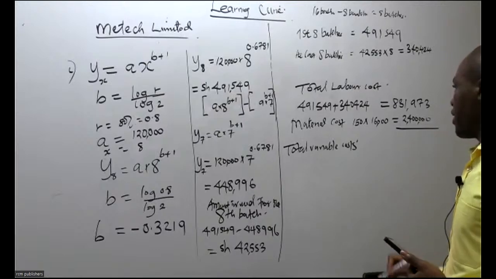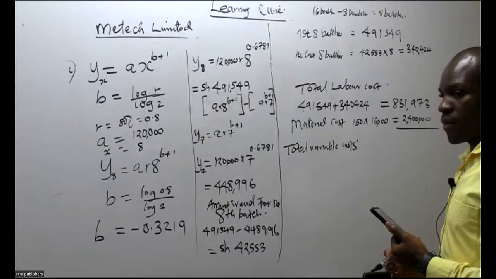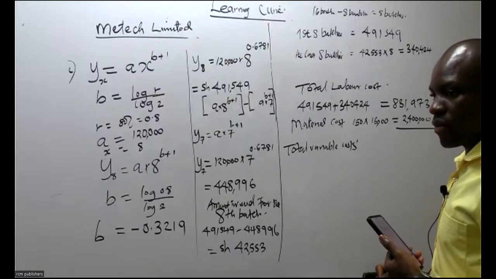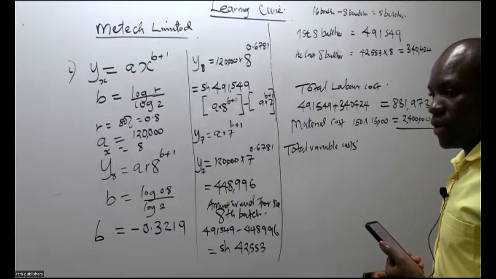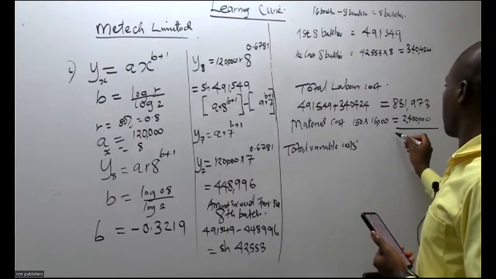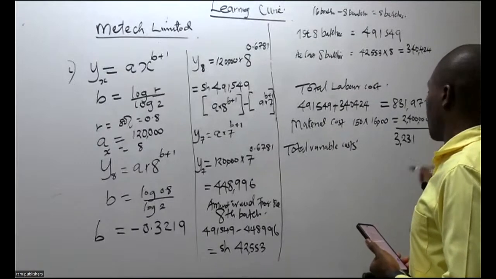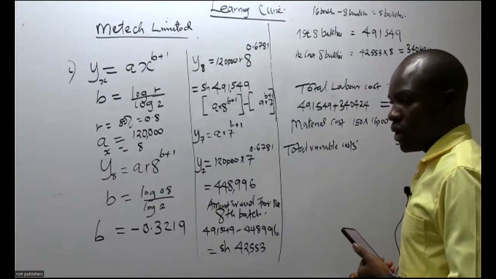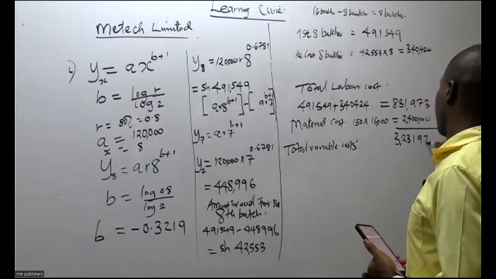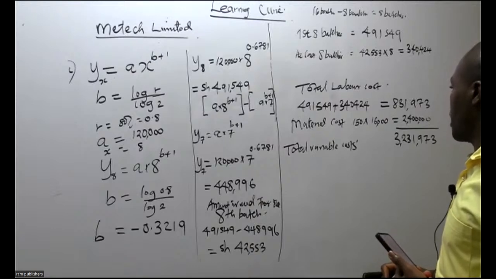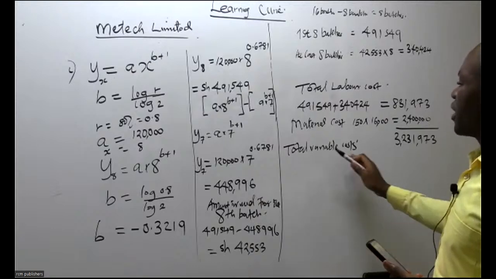If you add everything there, this plus this, how much will we have? 3,231,973. That is the total variable cost.